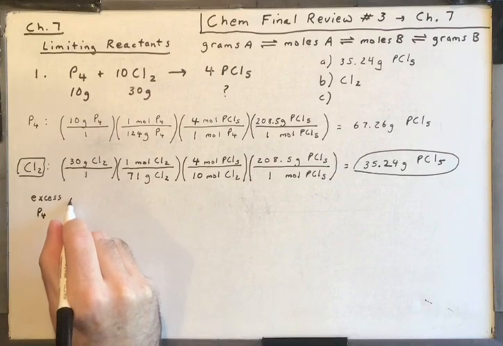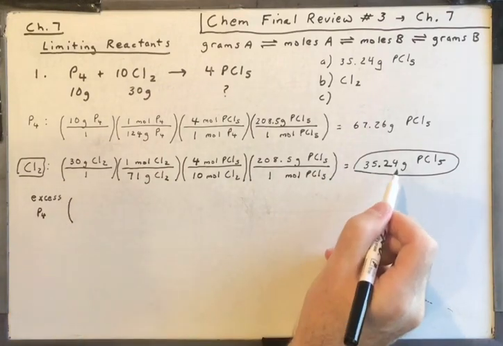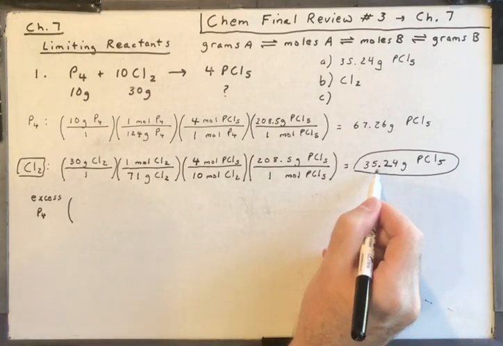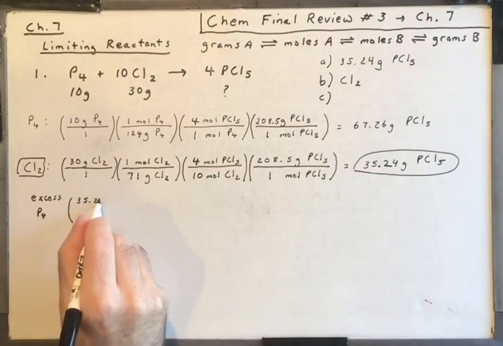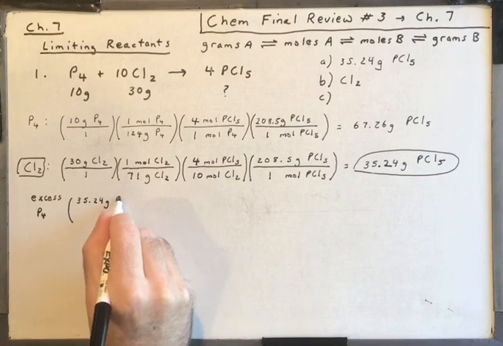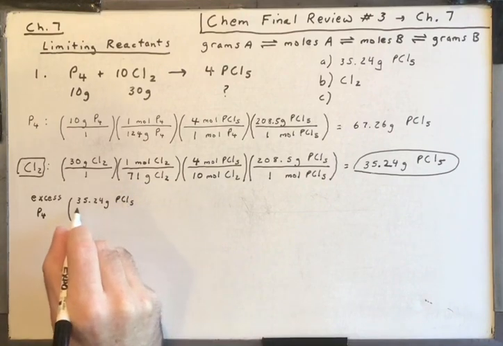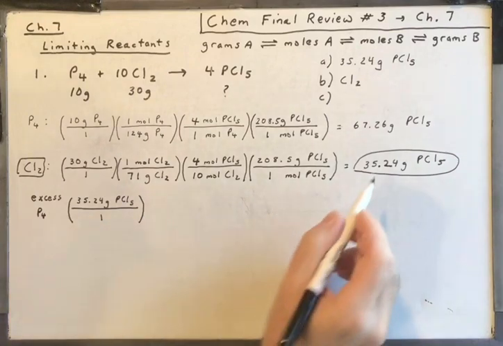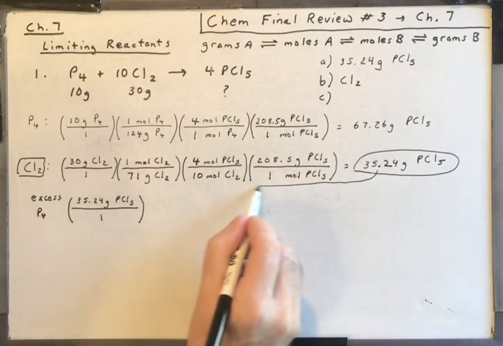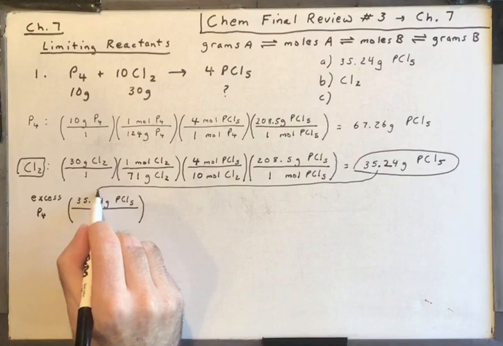Okay, so where you start is at 35.24 grams of PCl5, because that's how much got made in this reaction. You just start on the excess reactant part, right there.